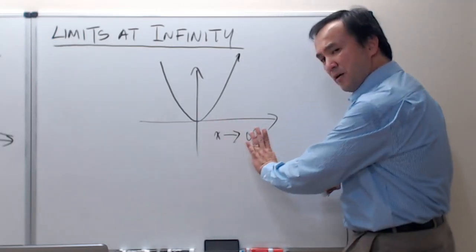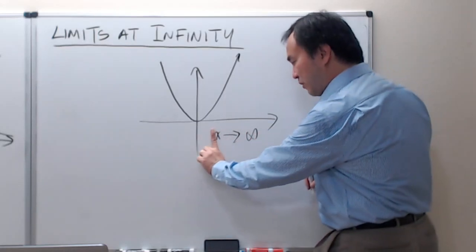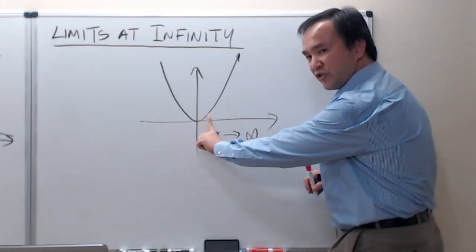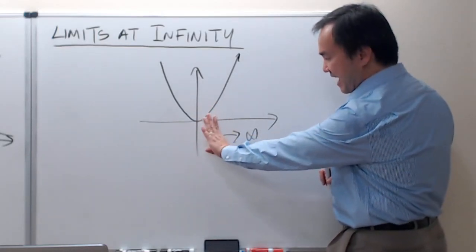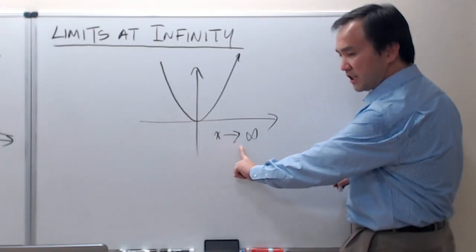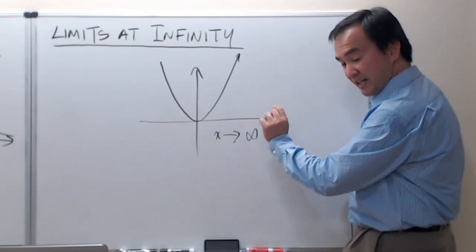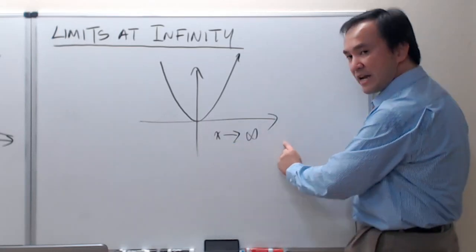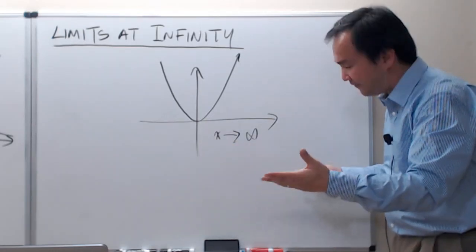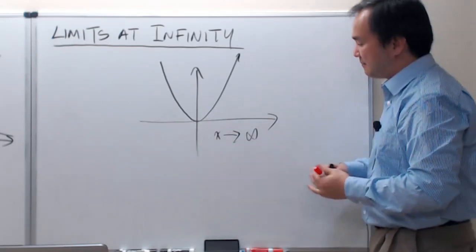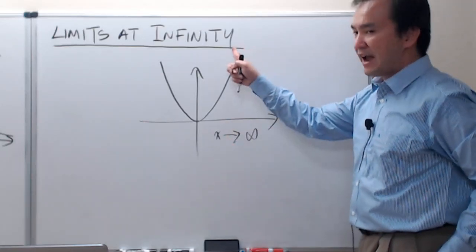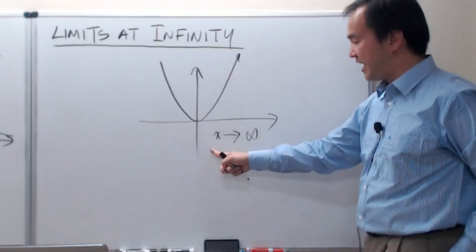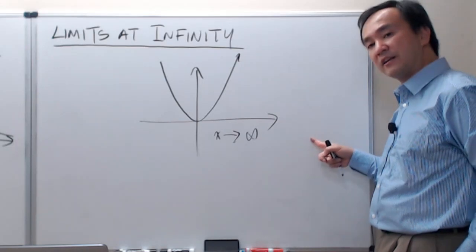Letting x approach positive infinity means we want to find out how the function behaves as we keep navigating towards the right end. We don't know how far it takes to get to the right end, but we want to investigate how the function behaves as we're heading out to the right end of that function.